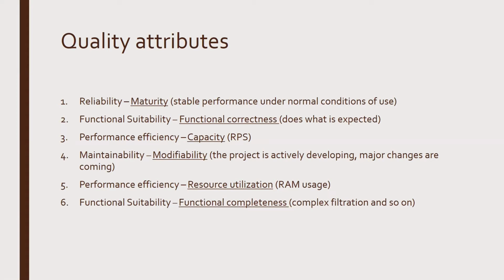I saw an interesting comparison that Reindexer can operate on a Raspberry Pi with 300 requests per second, and Elasticsearch can do the same on a server. So it's the same performance, but the price is, of course, different. Next, maintainability and modifiability. It's important because really active development is going on right now.